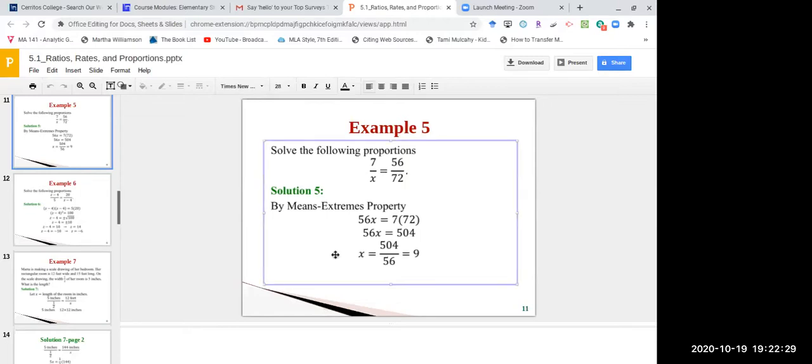And that's basically the crux of 5.1. 5.1 is really a setup to help you with the rest of the sections.